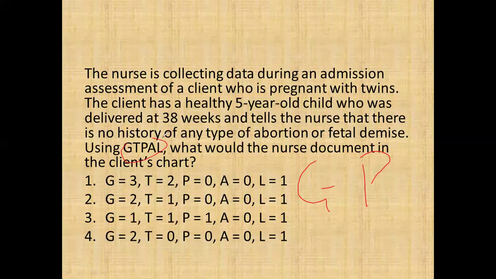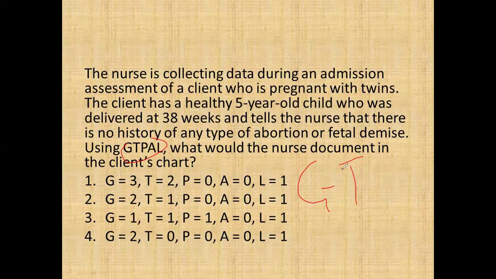When you take this GTPAL, the G still remains the gravidity, the total number of pregnancies, including the current one.